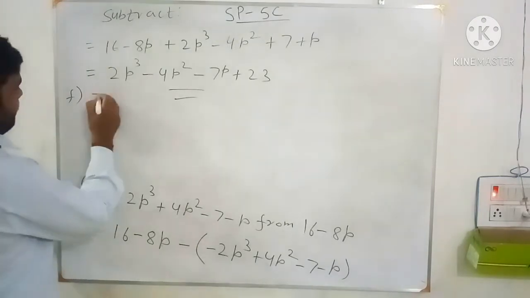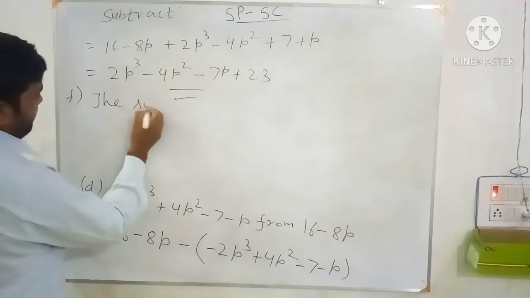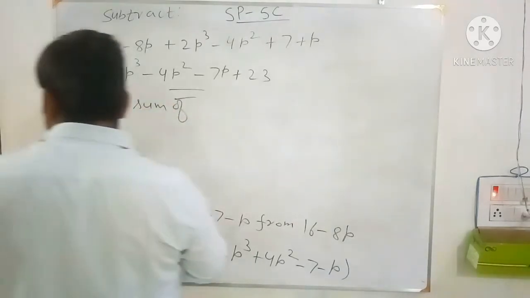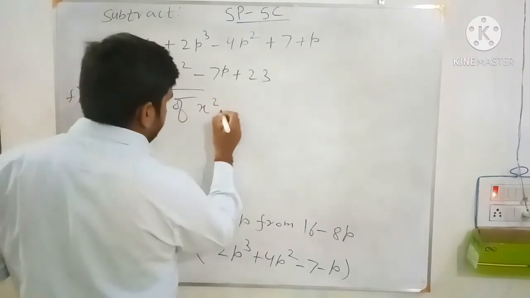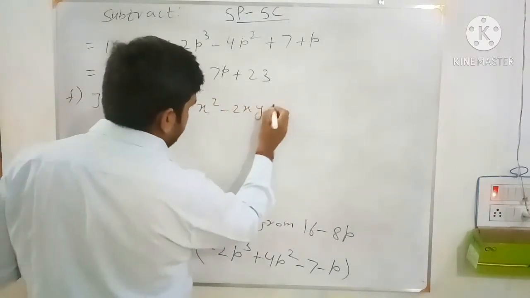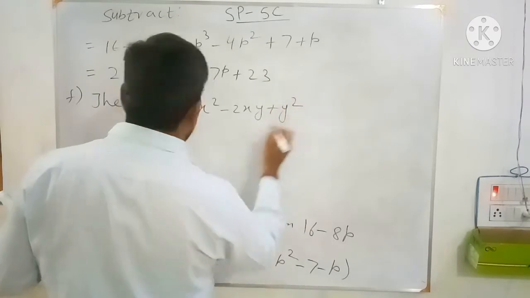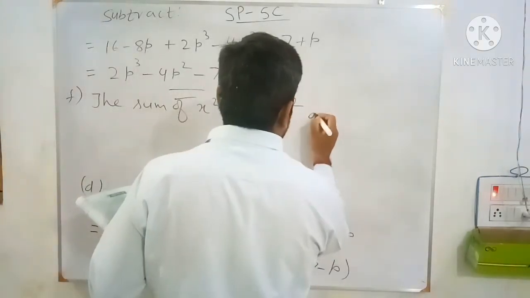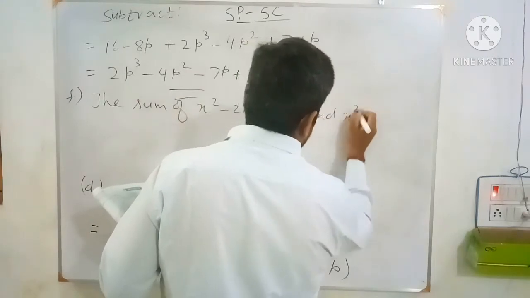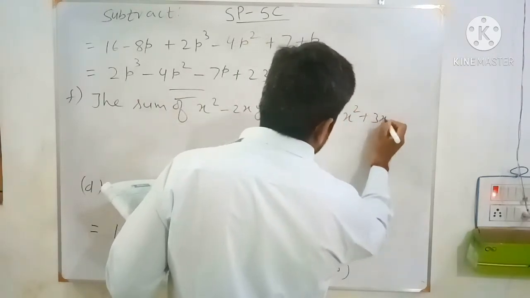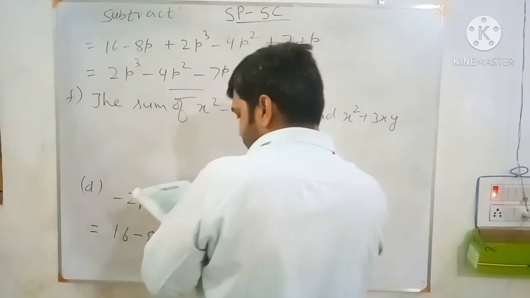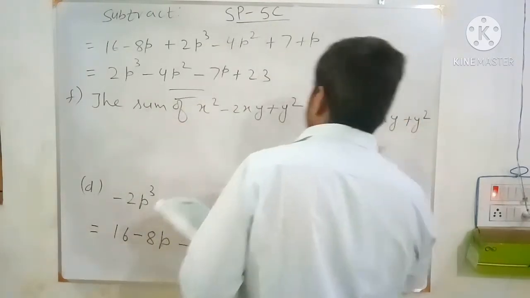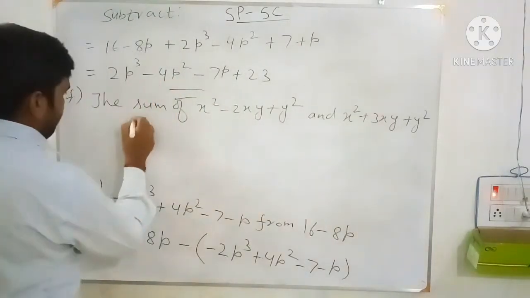The sum of x square minus 2xy plus y square, and x square plus 3xy plus y square. So this sum we have to subtract from.